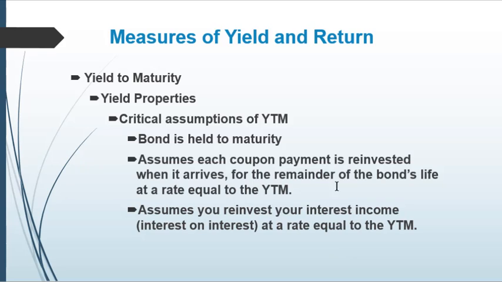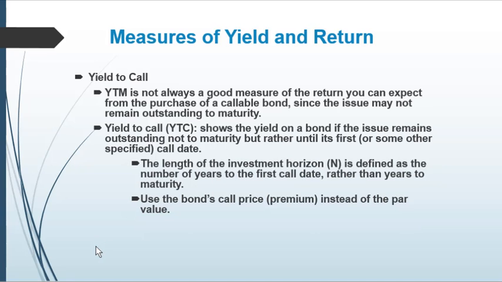So again, the idea here, if you think about this coupon, to get compound return, you have to get interest on interest. So you have to reinvest when you get it, and you have to do that for the lifetime of this bond.